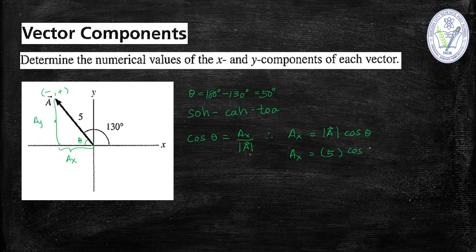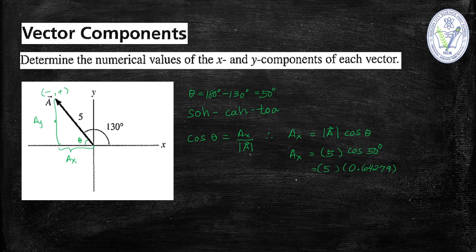Cosine 50 here is actually equivalent to 0.64279.